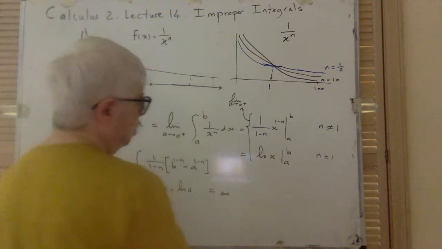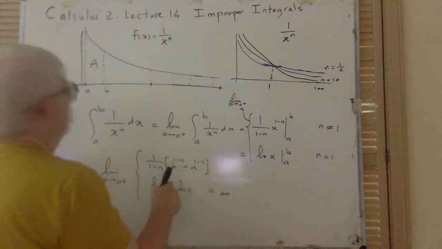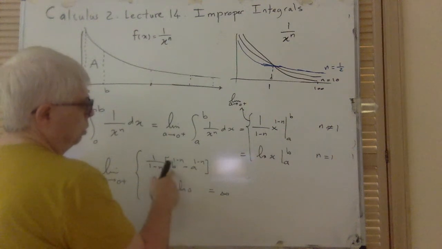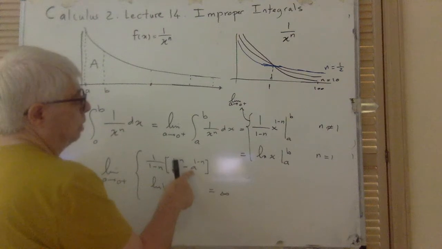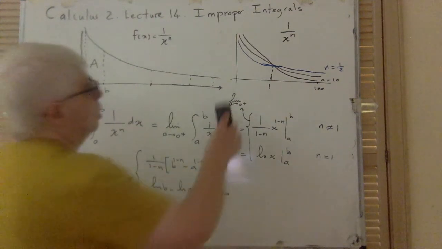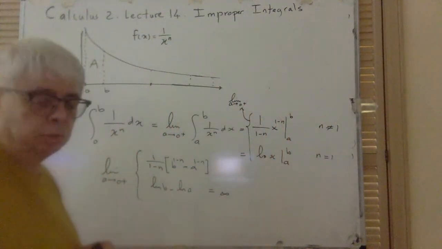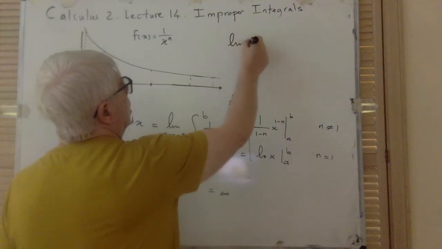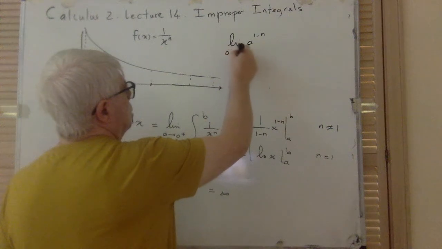How about this one? What happens to this one? This one is finite, that's a finite number. What happens to this one? So I have to find the limit of this as a goes to 0. So let me erase this and try the other one and see what happens with the limit of a to the power 1 minus n as a goes to 0.